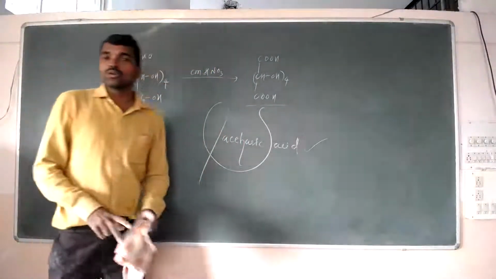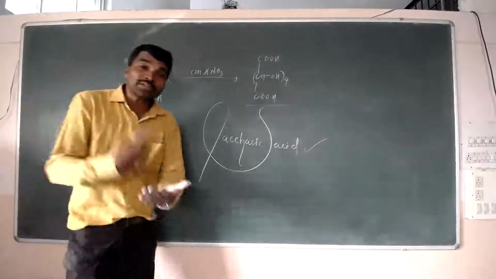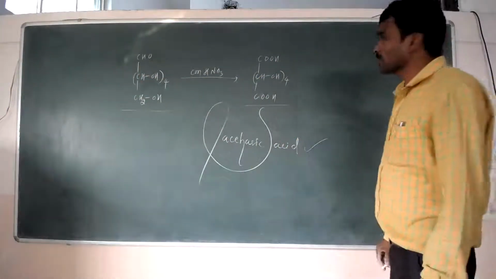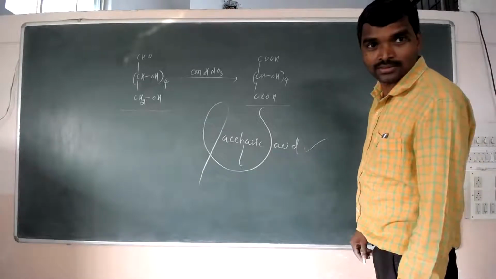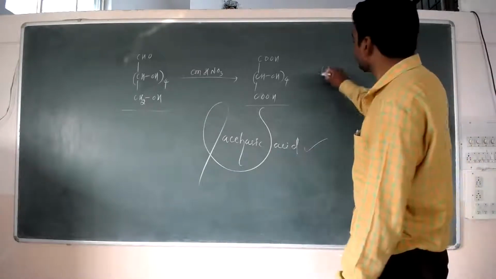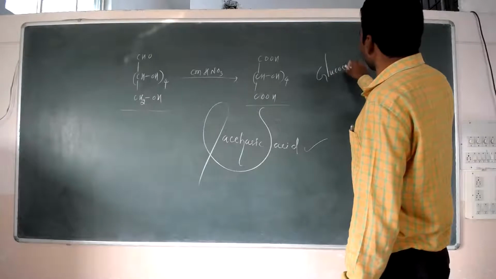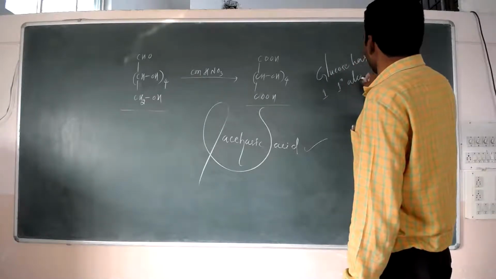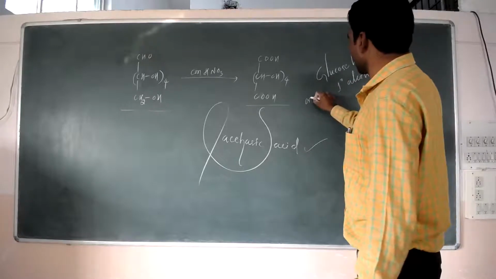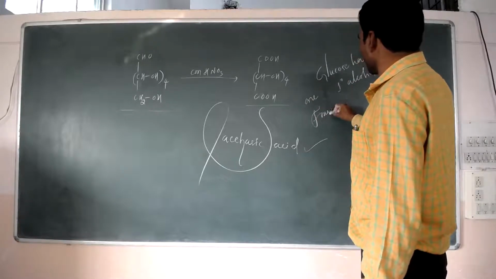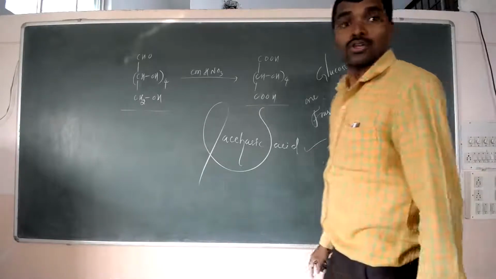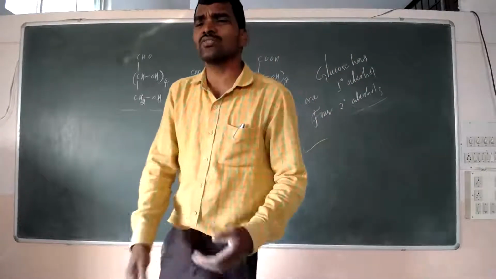So by this reaction, what are you confirmed? I confirm that glucose has one primary alcohol and 4 secondary alcohols present, sir. So these are the structural elucidation of glucose.